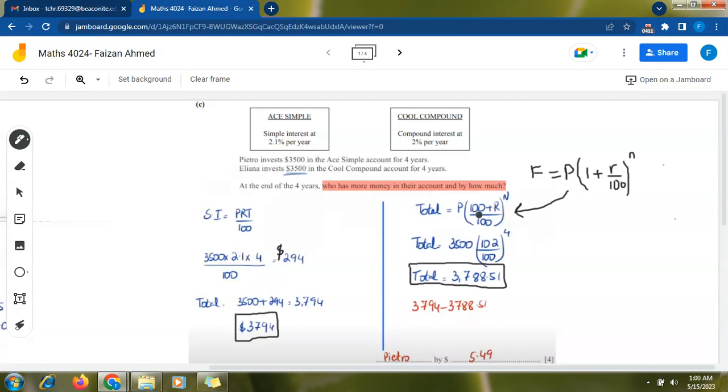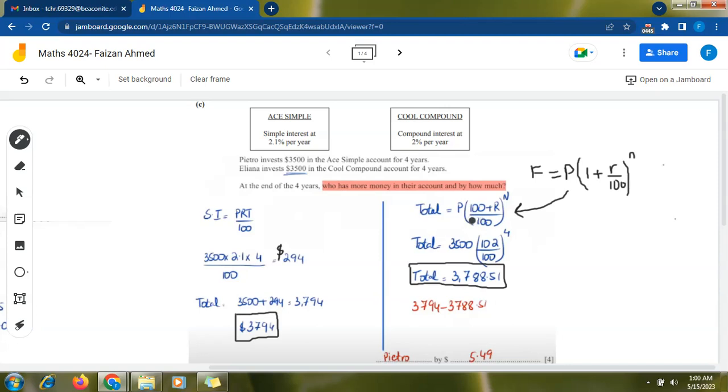So I am using this formula, that is 100 plus R upon 100. This formula is not a new thing. You just have to take 100 as the LCM. No need to worry about this.